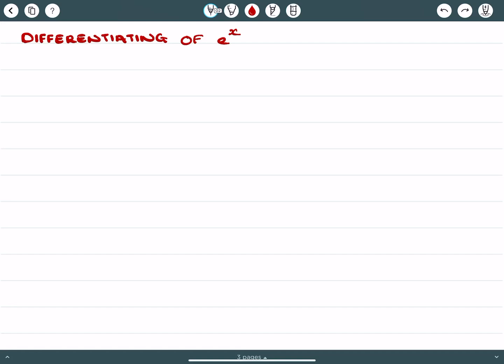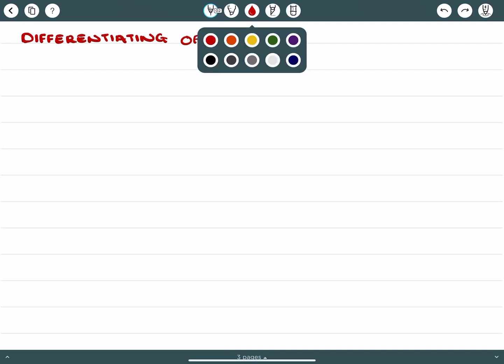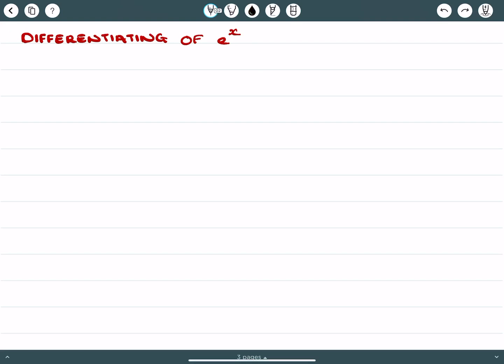Morning. So today we're going to be looking at the differentiation of expressions involving e to the x. So what I want to do is write a simple expression of y equals e with some coefficient k x, so e being raised to this power kx.